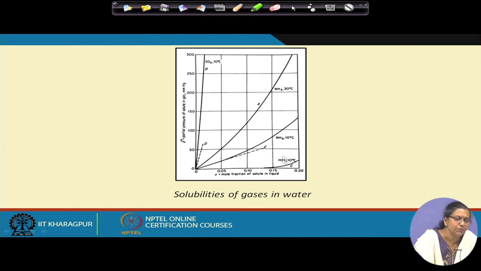So the steepness of the curves gives you an idea of the solubility of that component, and from there we know whether absorption with this particular solute is going to be feasible or not. If the solubility is very low, then there is no point in using this solvent for extracting or absorbing this gas.